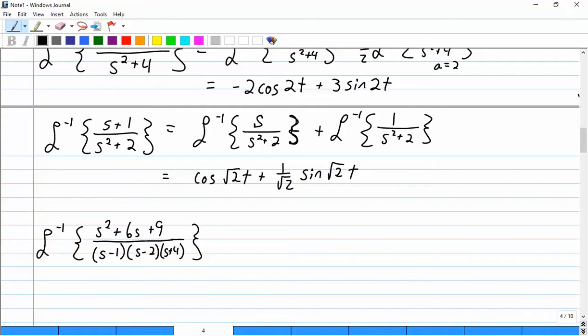Yeah, you would not want to multiply the denominator out. You would get an s cubed term, which then does not fit any of our formulas. But I do need to figure out some way to rewrite that.